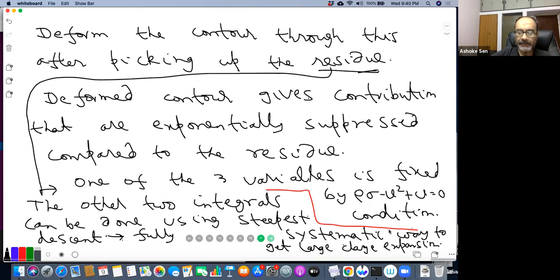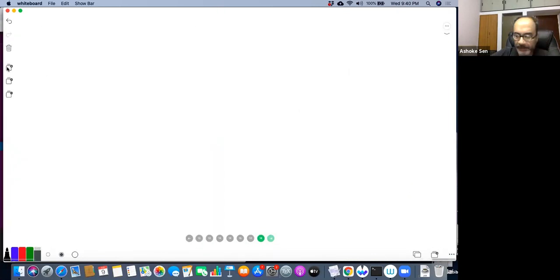So in principle, you can calculate log B6 to any power in 1 over charge, by doing this, because the steepest descent method is well understood. This is just a two-dimensional integral that you are trying to perform. Okay. So let me write down the result for the leading term and the first sub-leading term.